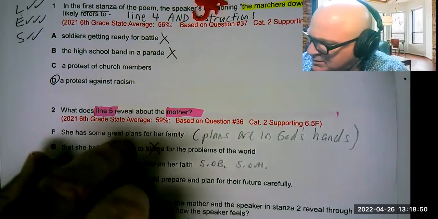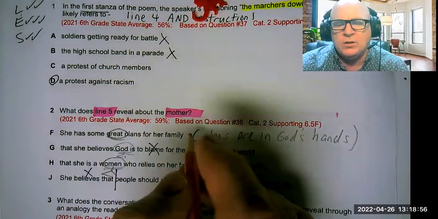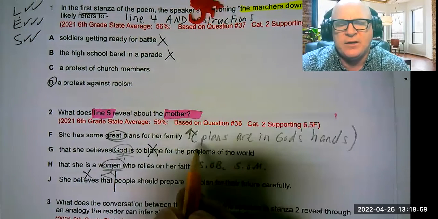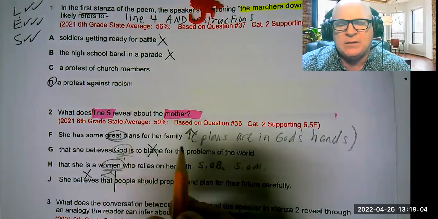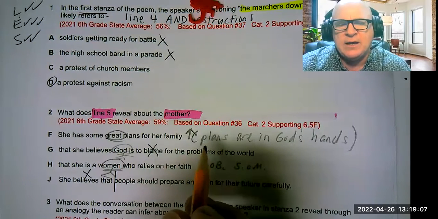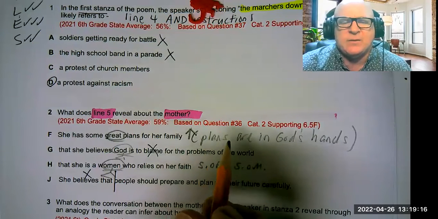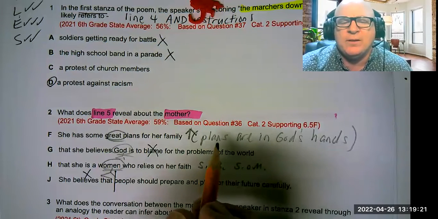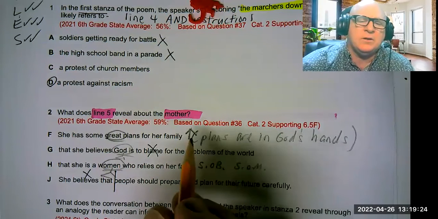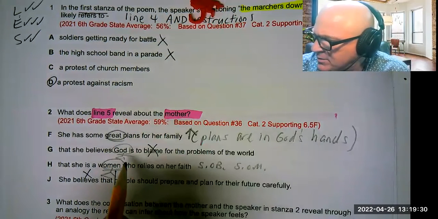And since great is an opinion and it's a positive opinion, we would check and see if she has a positive attitude and positive plans. But as I write here, the plans that she writes about in stanza 1 are placed in God's hands. So it doesn't sound like she's talking about her plans. It's talking about, regardless of what your plans are, they're in God's hands. Letter G says that she believes that God is to blame, since that's a negative belief.